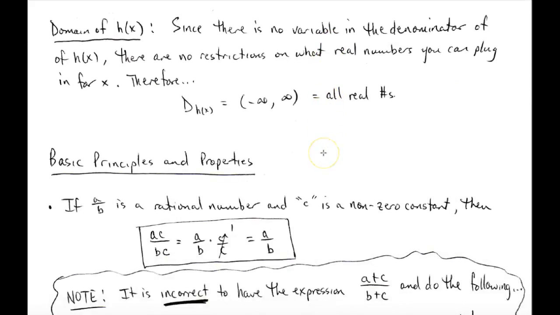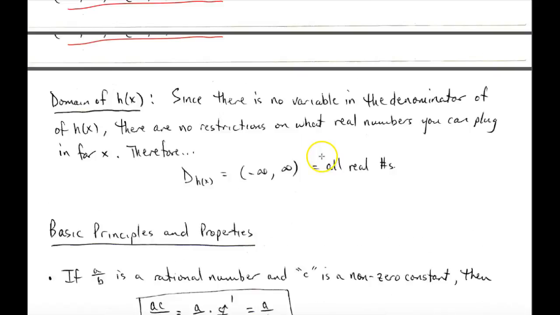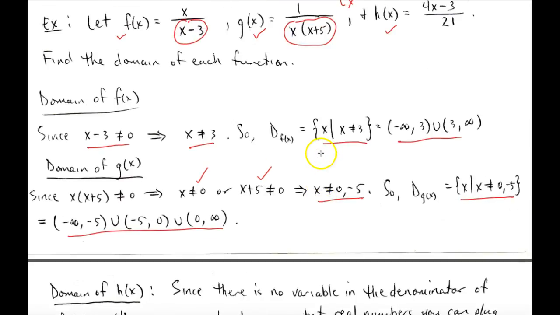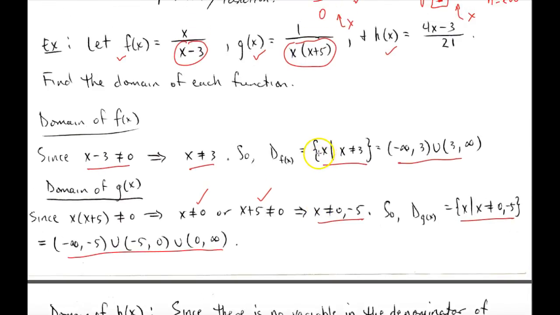So for h of x, let's go back and look at that right quick. The function h of x, we notice that we just have 21 in the denominator. So there is no variable x in the denominator. And for this reason, this particular function could actually be looked at this way. Okay? If you notice, this is in the profile of a linear function with a positive slope and a negative y-intercept.